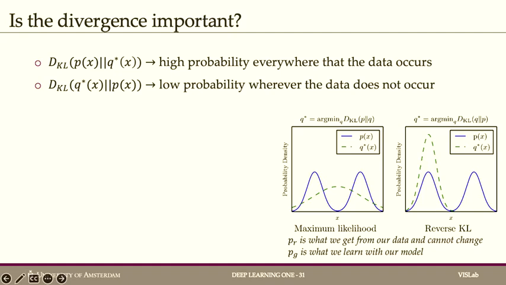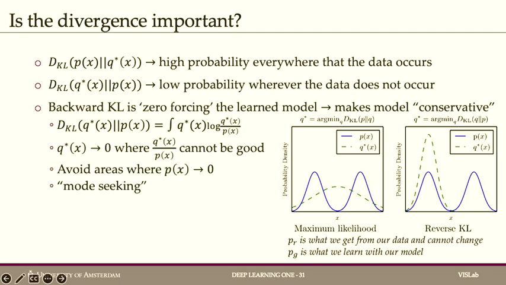Depending on how you write it, you will have this risk aversion behavior or this mode capturing behavior. The backward KL is also called zero forcing, which makes the model conservative. It will try to avoid putting probability mass where there's none, so it will avoid these zero areas. Whereas for the other way around, it's completely fine.